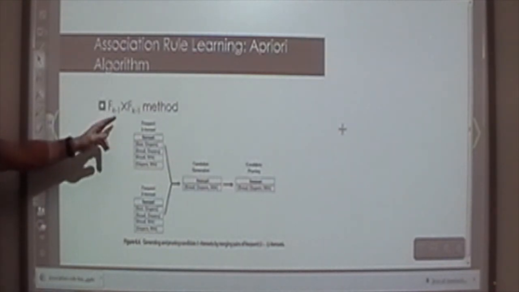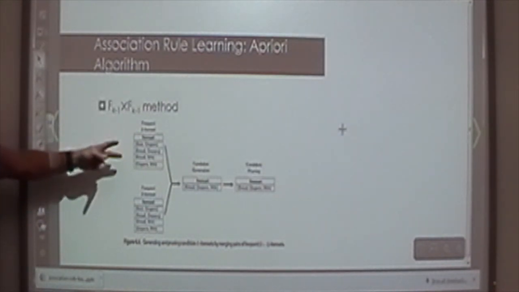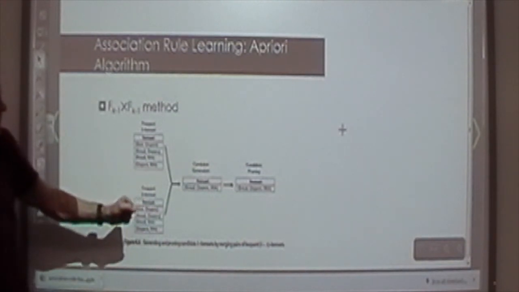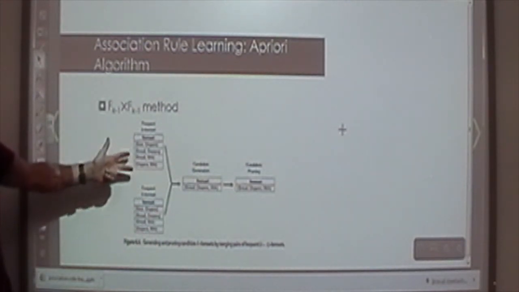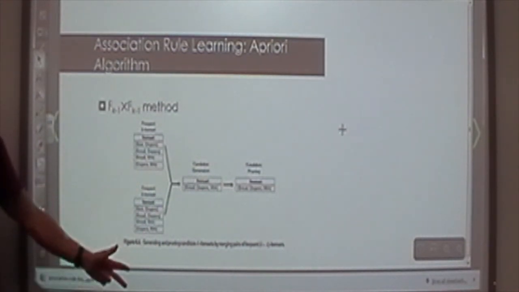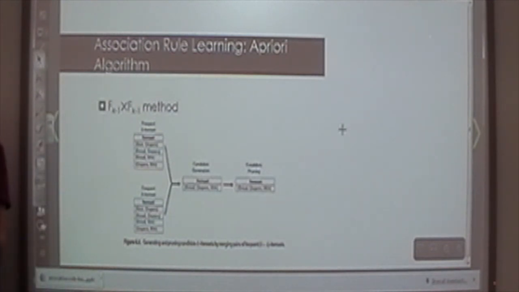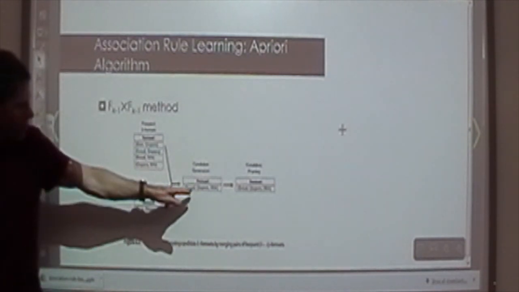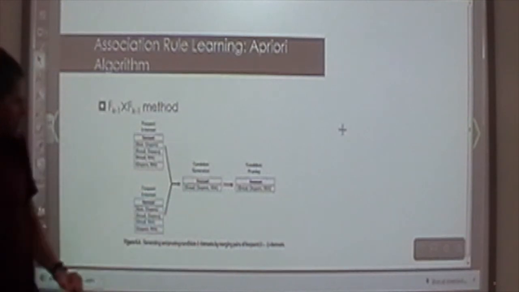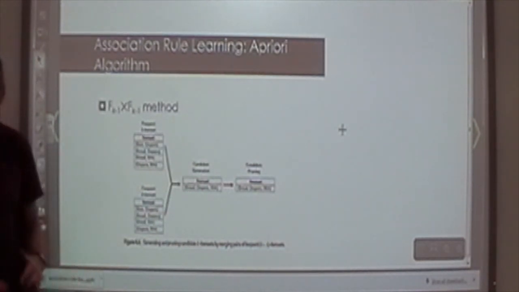It's F(k-1). So here, to get a 3-item subset, what you're doing is you're taking all your 2-item subsets and unioning them together to get your 3-item subsets, and then you prune.